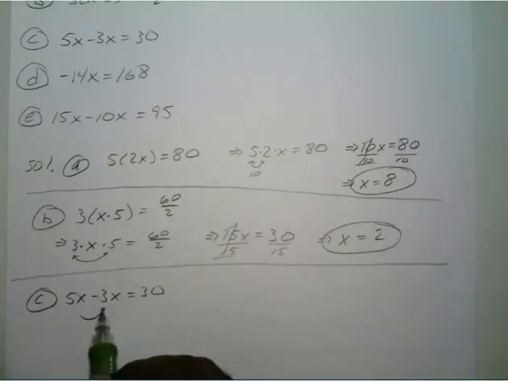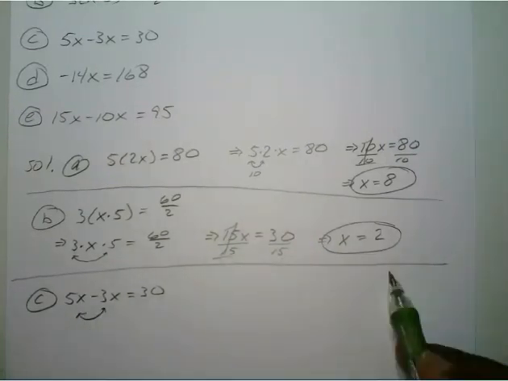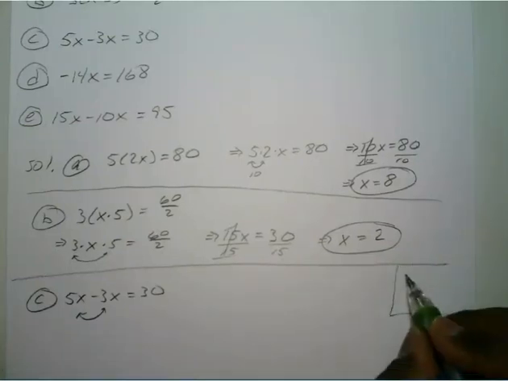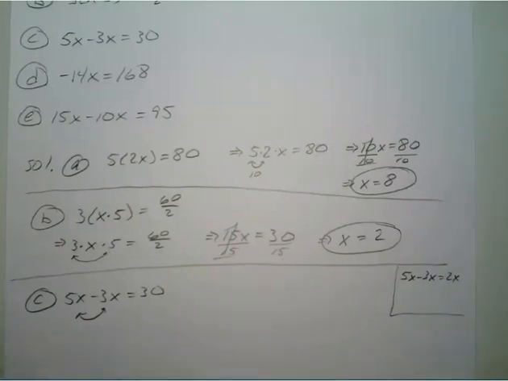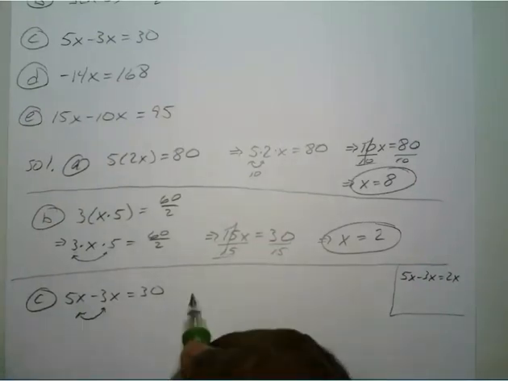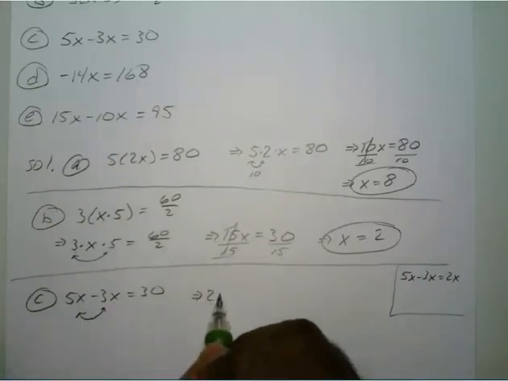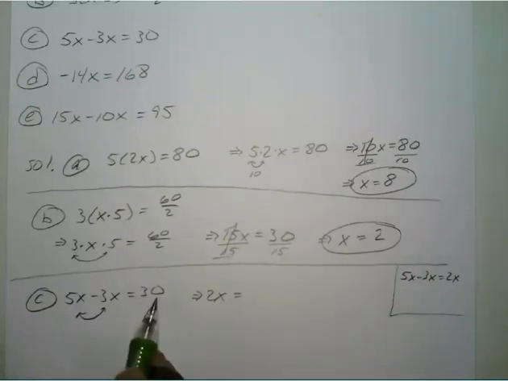So again, we're going to combine everything on the left side of the equal sign. So we know that 5x minus 3x is equal to 2x, since 5 minus 3 is 2. So on the left side, we have 2x. And on the right side, it's still equal to 30.